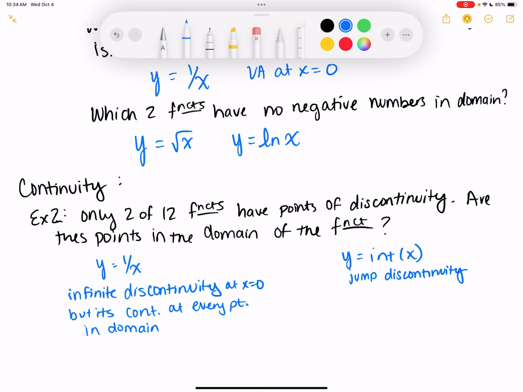That's why they call it jump discontinuity. So this is discontinuous at every integer value of x. So this one isn't continuous on the domain because every integer value of x has a discontinuity.